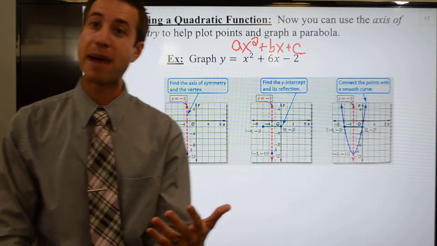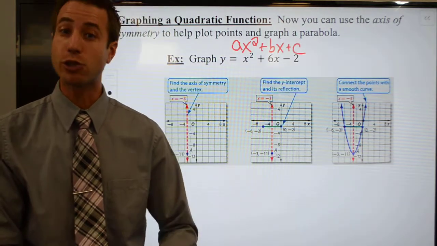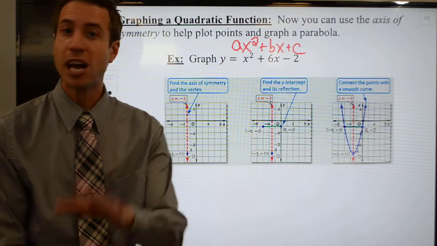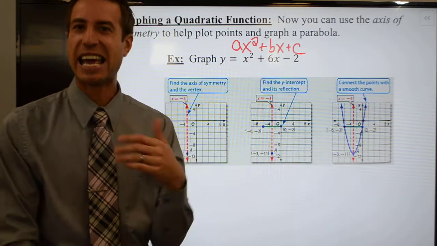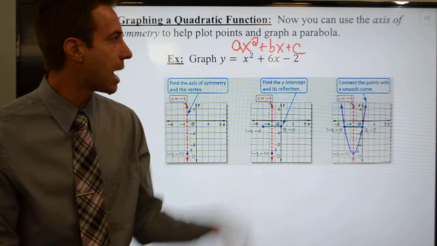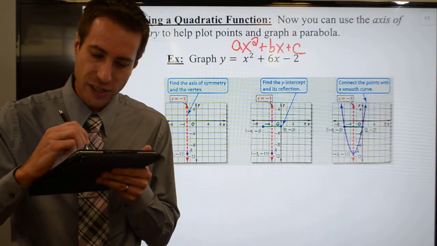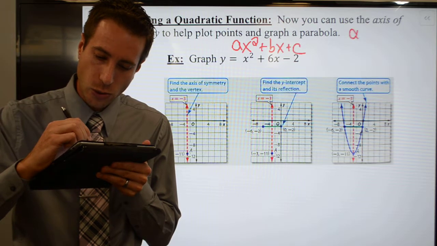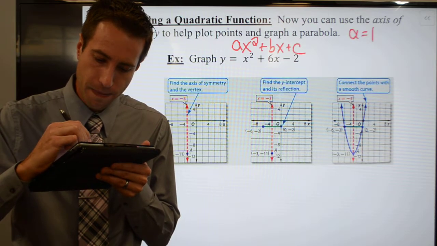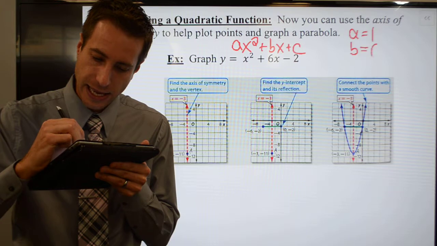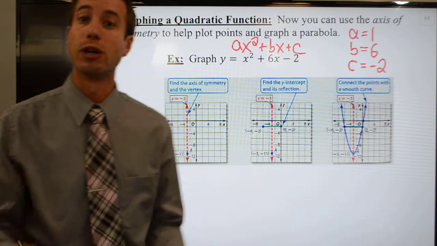It might not be a bad idea for you as you're getting used to doing these kinds of problems to just go ahead and write that every single time, because it's going to allow me to quickly identify what those coefficients are. Well, in this quadratic equation, my a is a 1, my b is a 6, and my c is a -2.